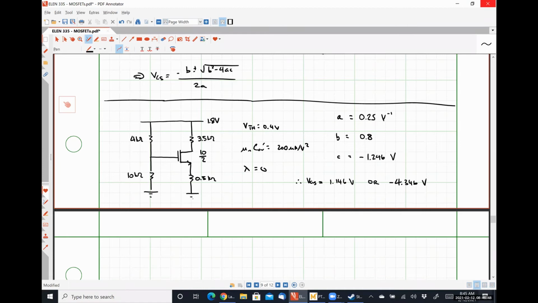So it's negative 4.346. I would argue that the reason we have to choose the positive value is because if we chose the negative value, it's not greater than VTH, and so the device isn't on. So we have to choose the one that makes the device actually turn on, because our assumption in the saturation region is that at a minimum, it's on, right?